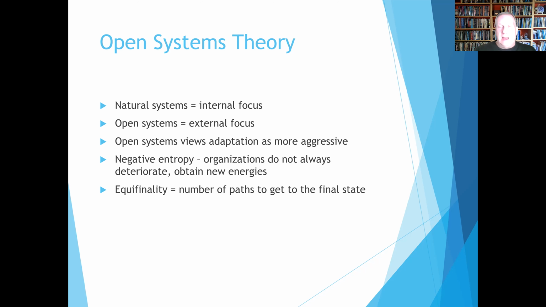They will lose energy and lose resources. Just like with any living creature, as that living creature ages, it loses energy, and it then becomes more subject to disease and things such as that. That's the natural life cycle that living organisms go through. And so natural systems theorists will say that's the natural progression that organizations go through as well.